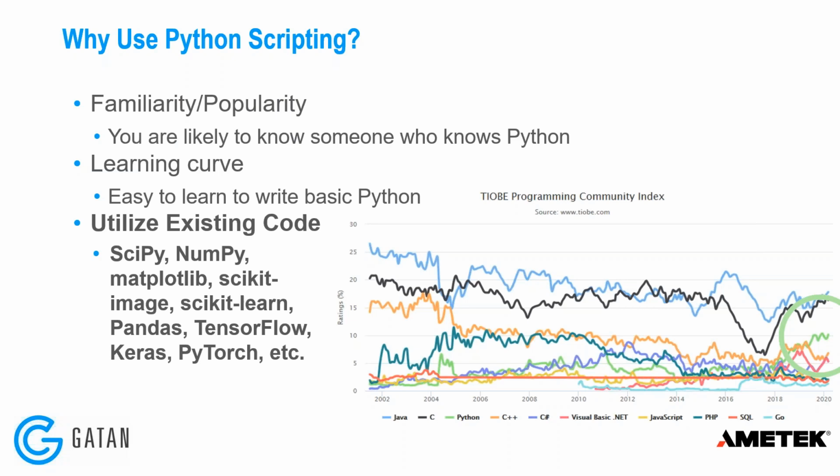There are a huge number of really mature and sophisticated packages, including those that I've listed here: SciPy, NumPy, Matplotlib, scikit-image, scikit-learn, Pandas, TensorFlow, Keras, PyTorch, and the list could go on and on. The packages that are available for free online. And these can enable you to write really sophisticated code without needing a computer science degree.